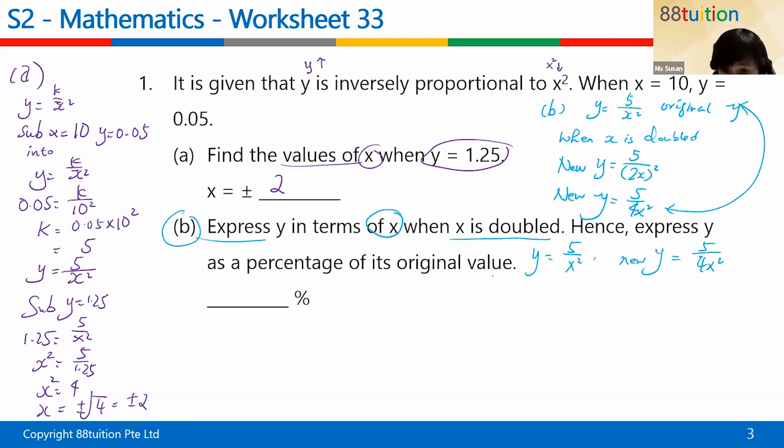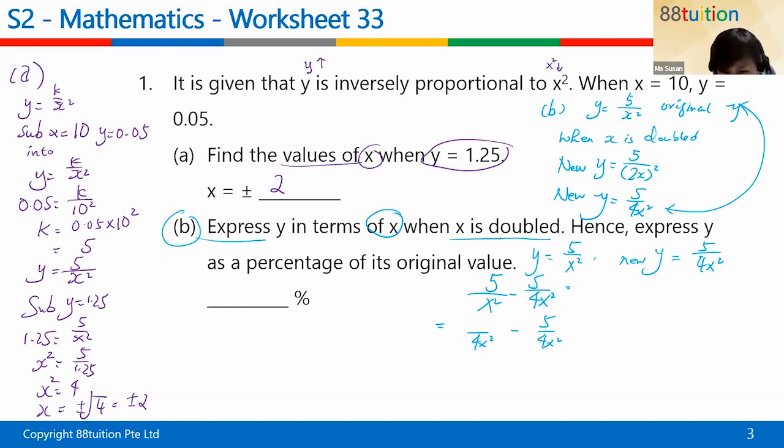So I use my original, which is 5 over x squared minus 5 over 4x squared first. So I need to change this to 4x squared as a common denominator, right? So this is 5, and this one becomes what?